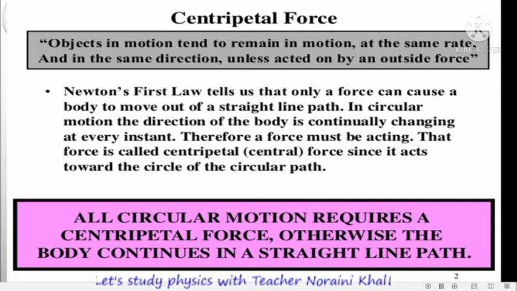The force that acts, we call centripetal force. All circular motion requires a centripetal force. Otherwise, the body continues in a straight line path. The same happens to an object like a satellite orbiting the Earth. There is a centripetal force acting on the satellite.